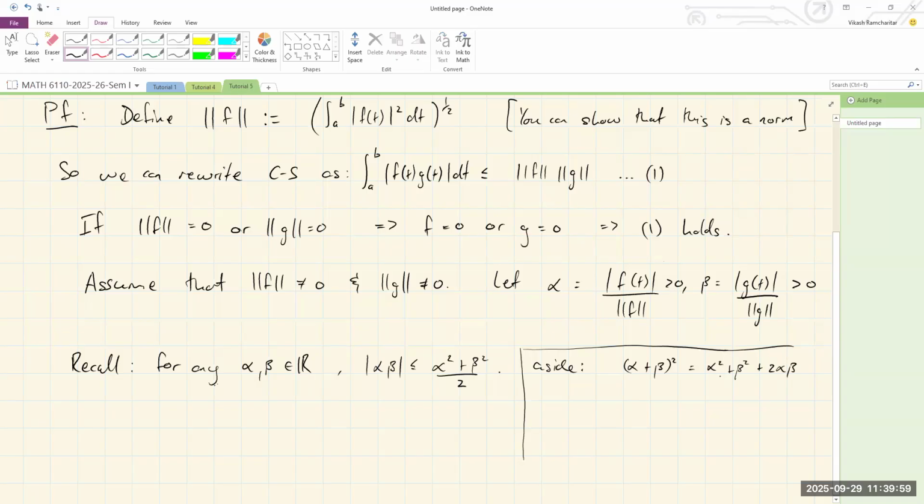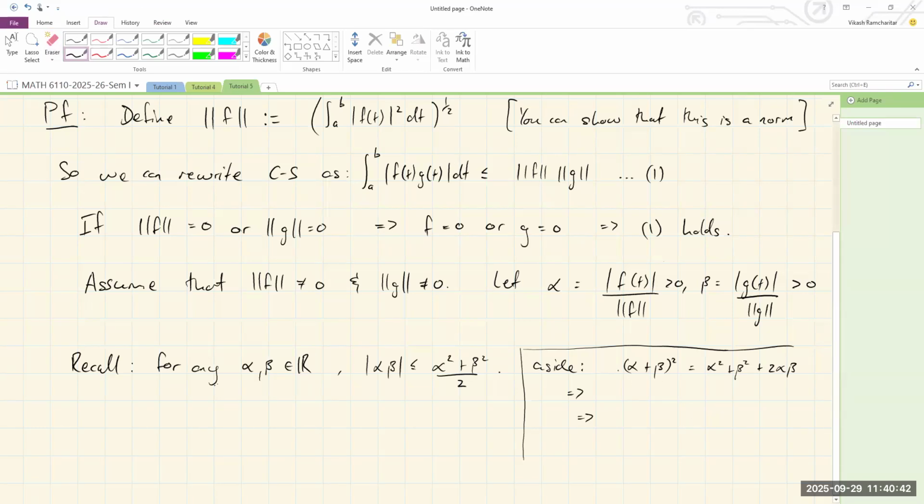So alpha plus beta all squared is bigger than or equal to 0, since it is positive.